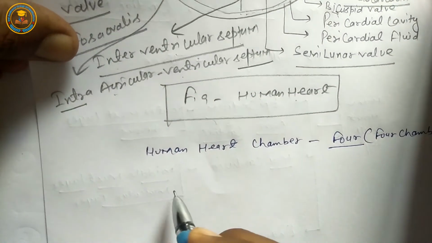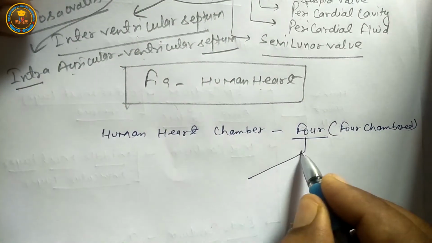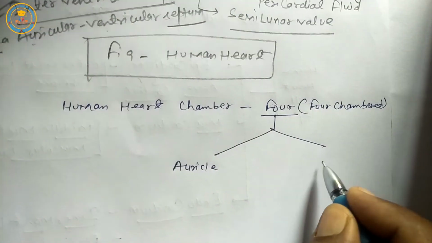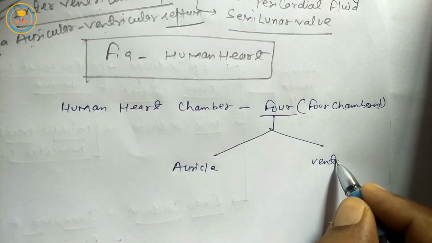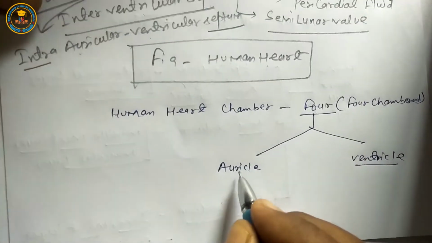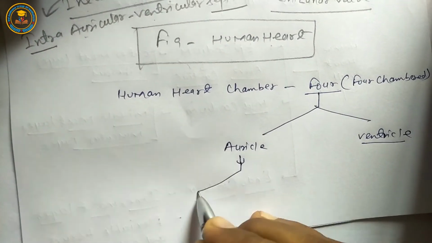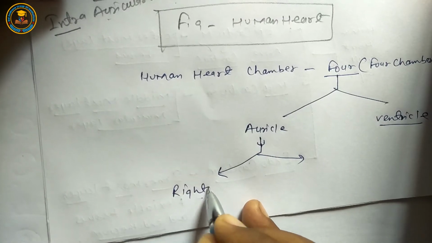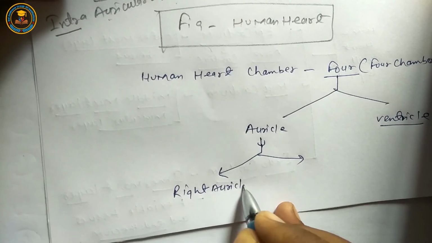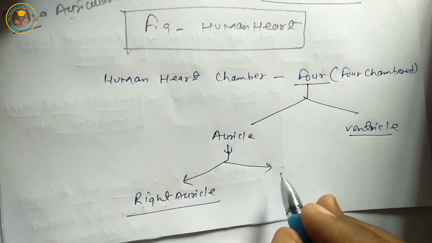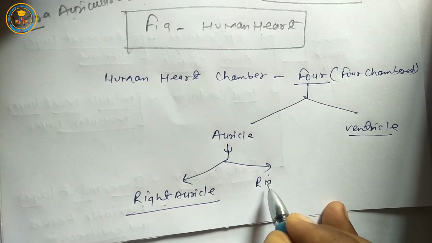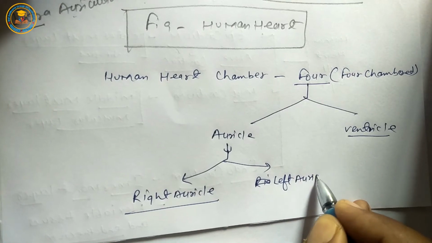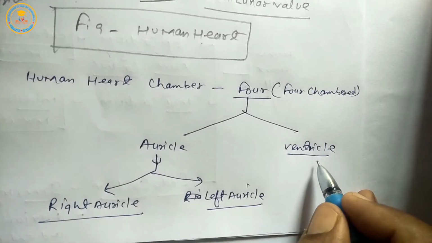Second is auricle first, second ventricle. The number of auricles is 2. The right auricle is located in the upper right side, the left auricle in the upper left side.